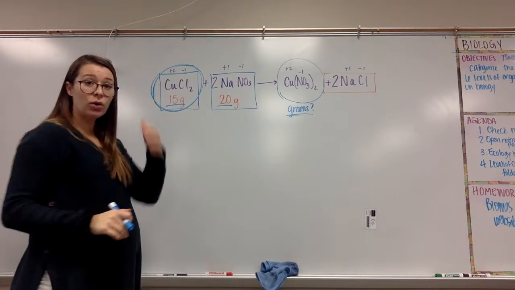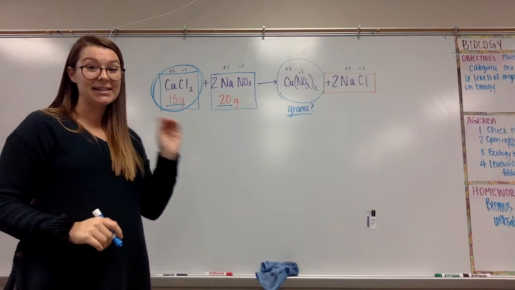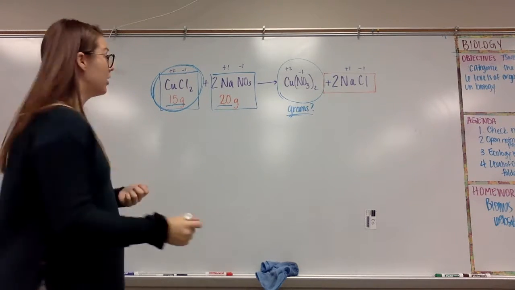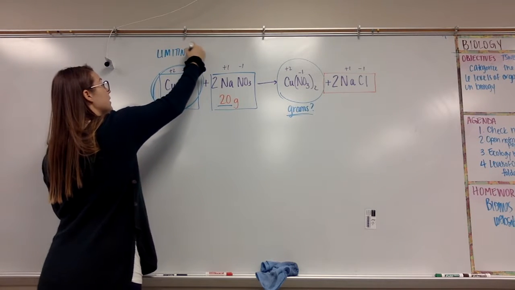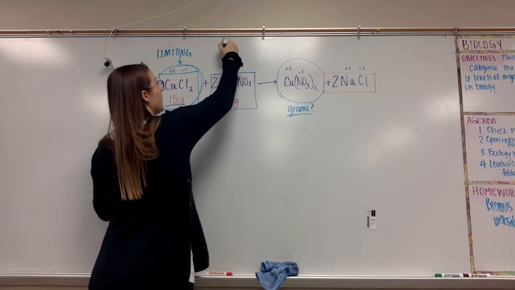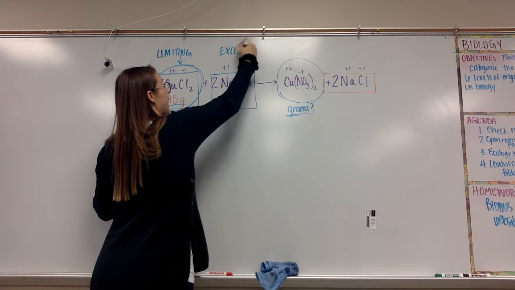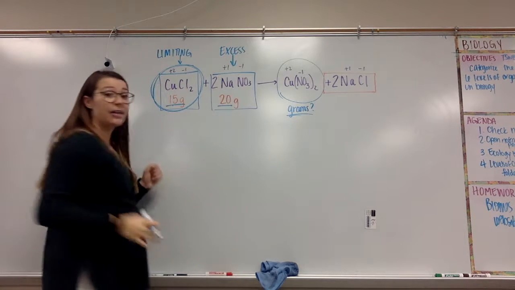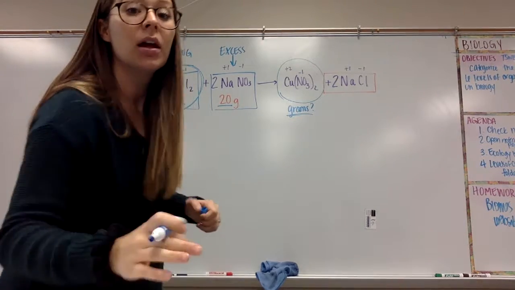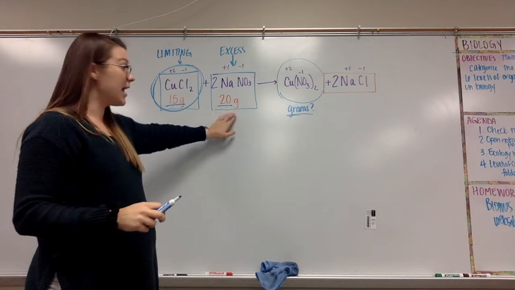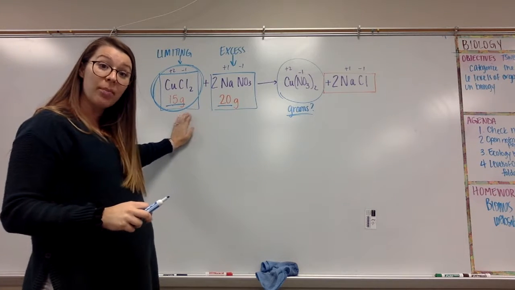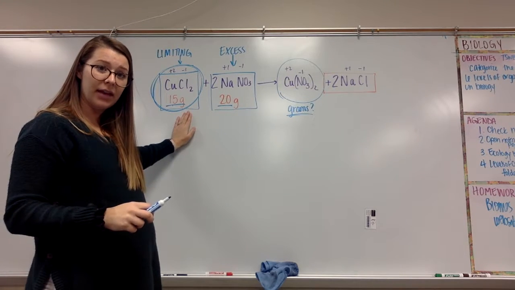So in order to find out how much excess reactant we have, remember, this is my limiting reactant. This one is in excess, meaning I have too much of it, right? So I am going to figure out how much of this is left over once I use up all of my limiting reactant, right?